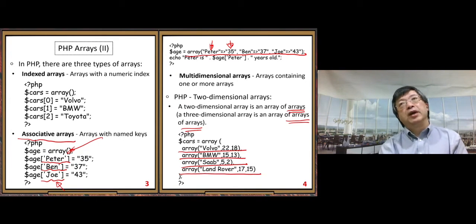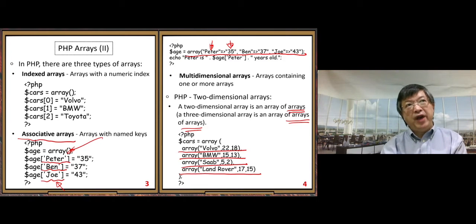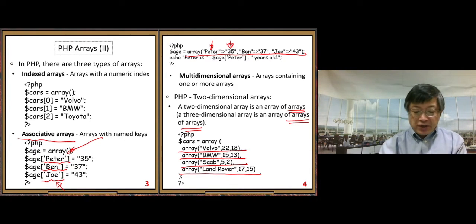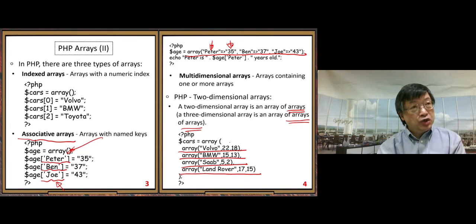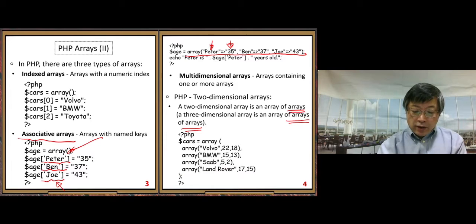There is one special thing I want to let you know. In this example, each element array has three elements.